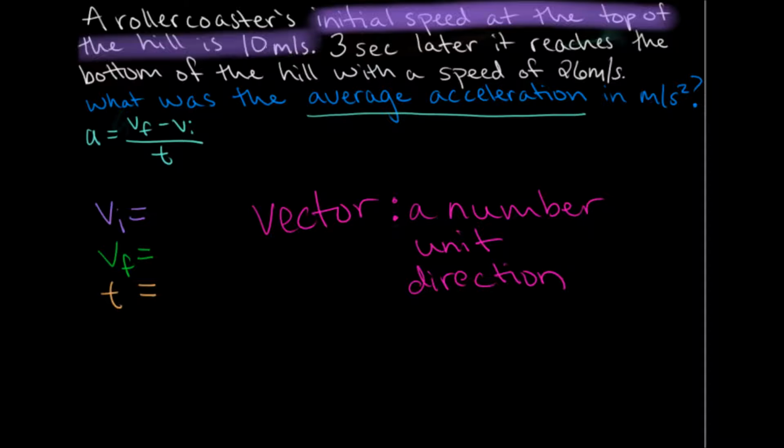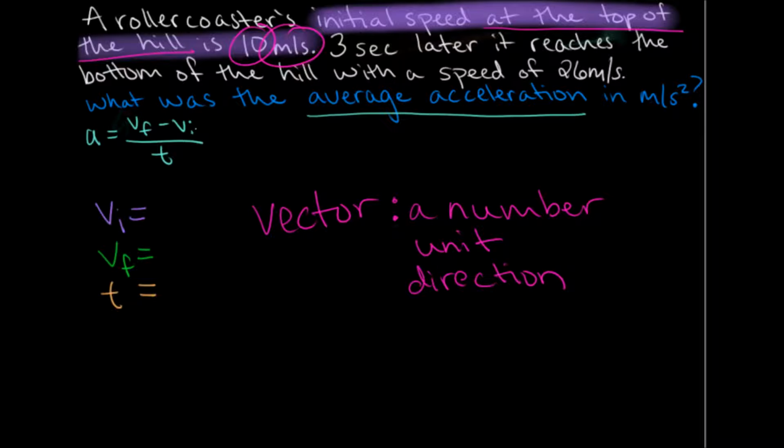So they gave us the number 10. So I have a number. They gave me units of meters per second. So I have a number, my units, and a direction, at the top of the hill. Because eventually it's going to the bottom of the hill, right?